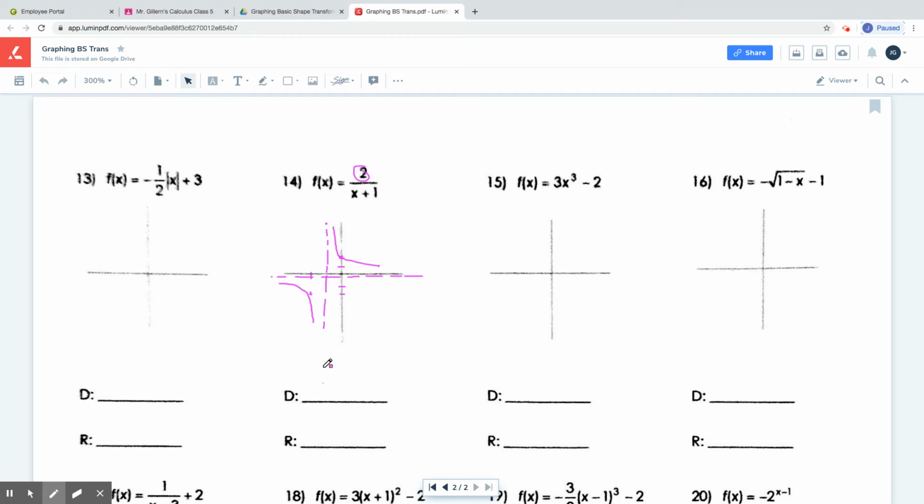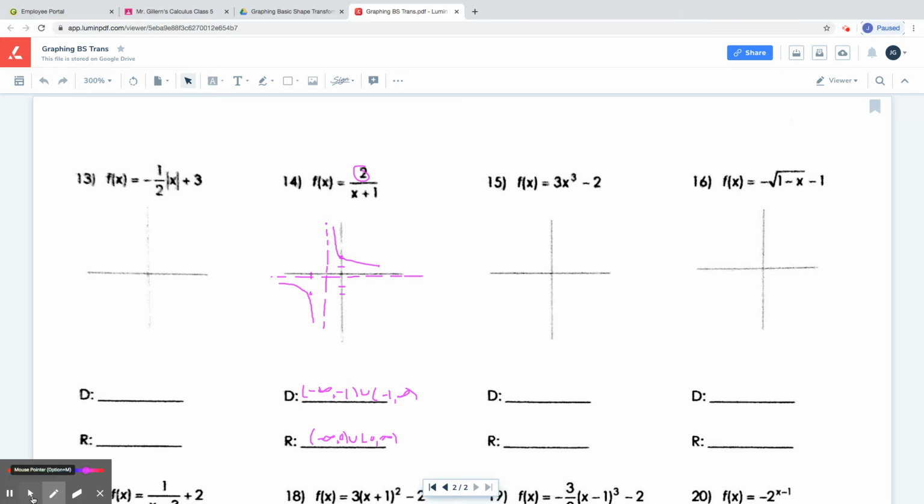The domain was from -infinity to -1, union -1 to infinity, and the range was from -infinity to 0, union 0 to infinity. It's whatever the vertical asymptote is, and this is whatever the horizontal asymptote is. So sorry if I hit pause for a second and I thought I hit play, but I don't know what you got. I looked back. I talked a bunch and it wasn't there.